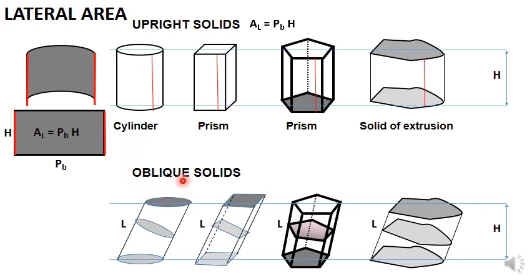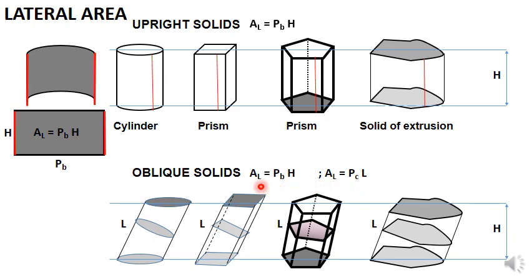In the case of oblique solids, we might be tempted to use the same formula as the volume of the solid, the perimeter of the base times the height, or we may also be tempted to use the perimeter of the cross-section times the length of the oblique solid.